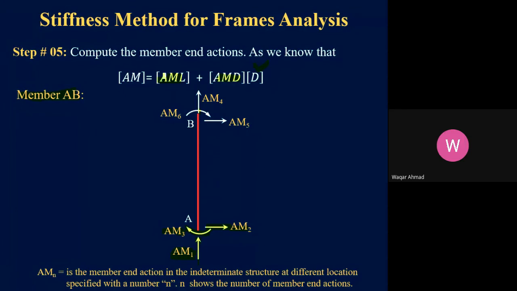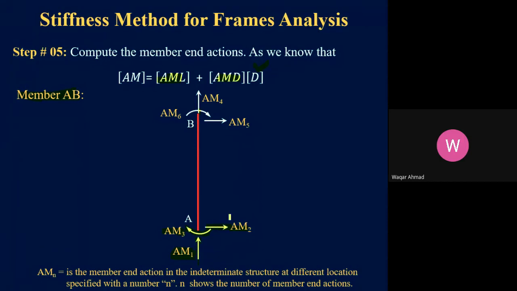Now, what will be my AML value? AML1 will be the value of the action corresponding to your AM1. Your AM1 is the axial force for this member, so your AML1 will also be the axial force for this member.